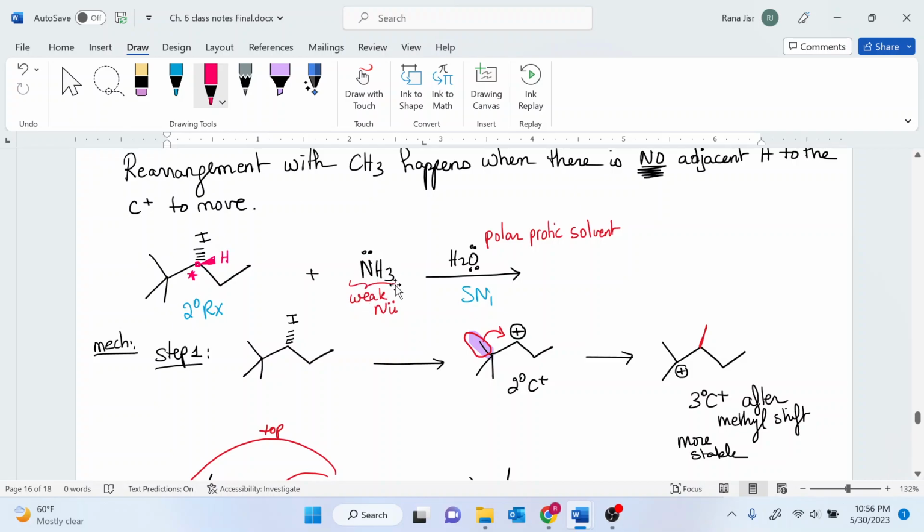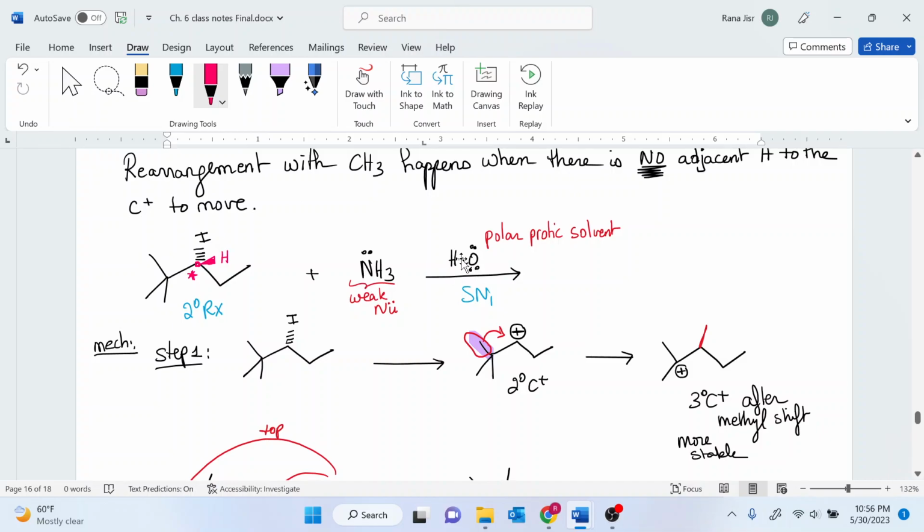Whatever reagent that comes first is always your nucleophile. So if you're looking at the NH3 and water and asking which one is the nucleophile, which one is the solvent, whatever comes first is the nucleophile. So whatever comes first is the one that you are adding to your product. So at the end, your product should have NH2 in it. Okay. Water is going to act as a solvent.